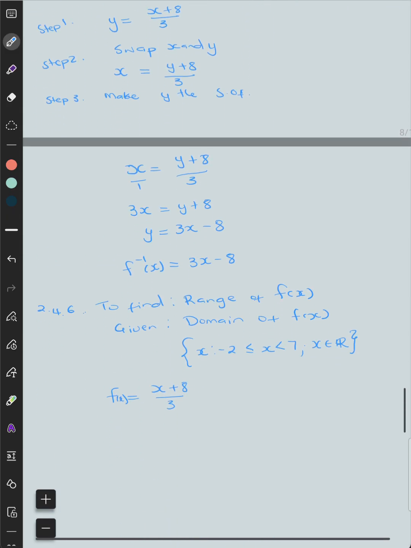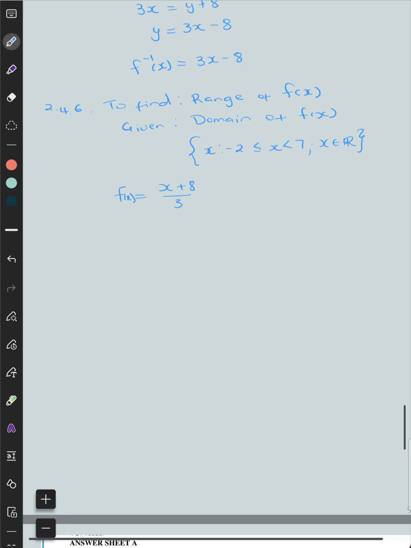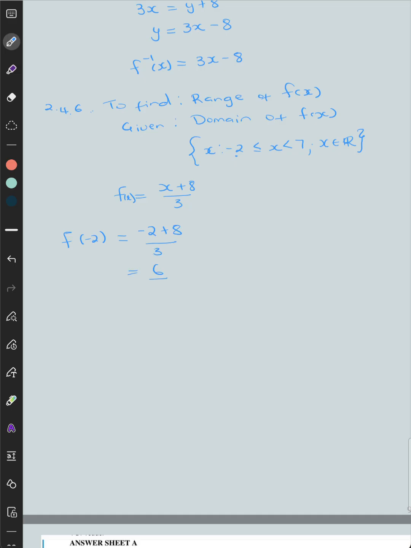I always check because I make a lot of mistakes. God help me. All right. We are going to look for f at -2. We are saying when x is -2, what is y? So we have -2 plus 8 over 3. This is 6 over 3, which gives you 2.